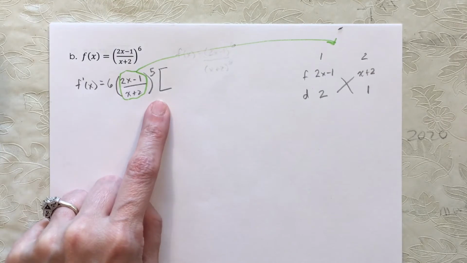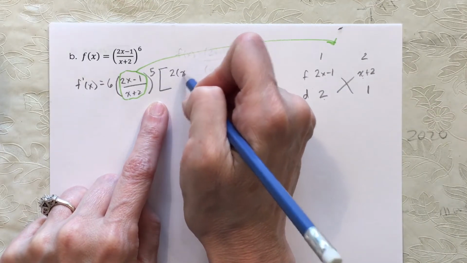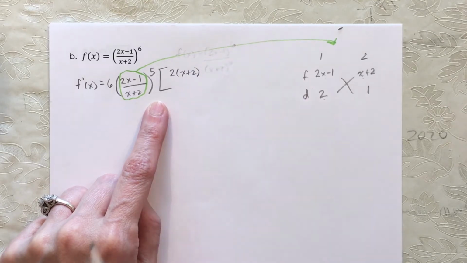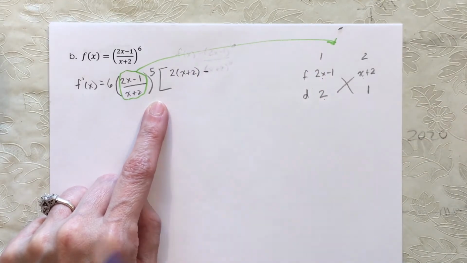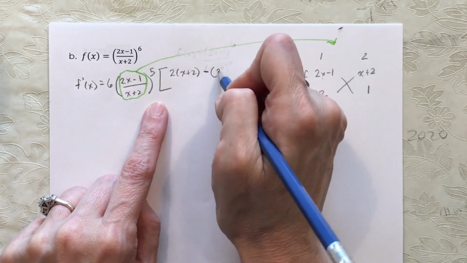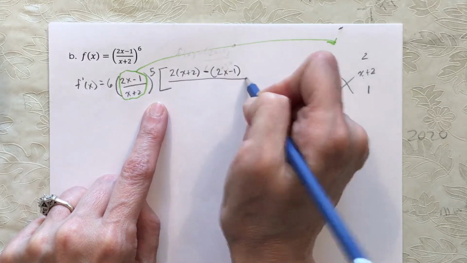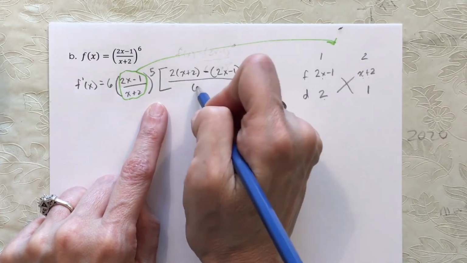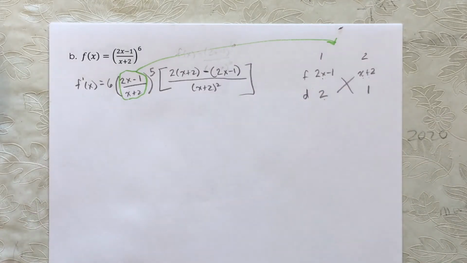So quotient rule, derivative of the first times the second: 2 times (x plus 2), and then minus the first times the derivative of the second, so minus 1 times (2x minus 1), all over the second, which is (x plus 2) squared. So there's the calculus.